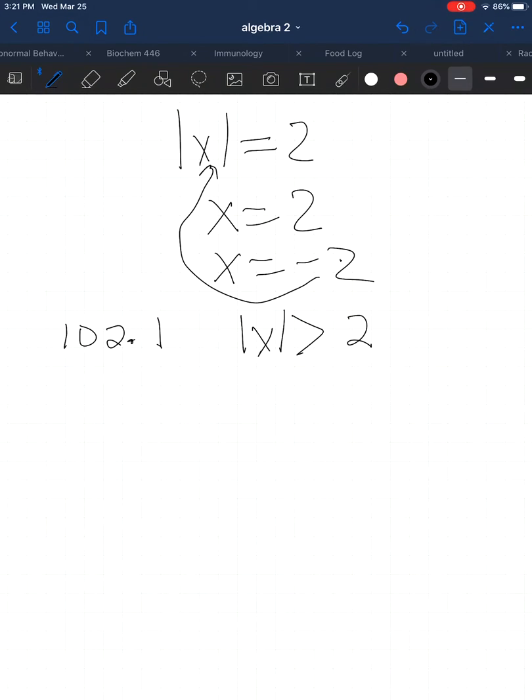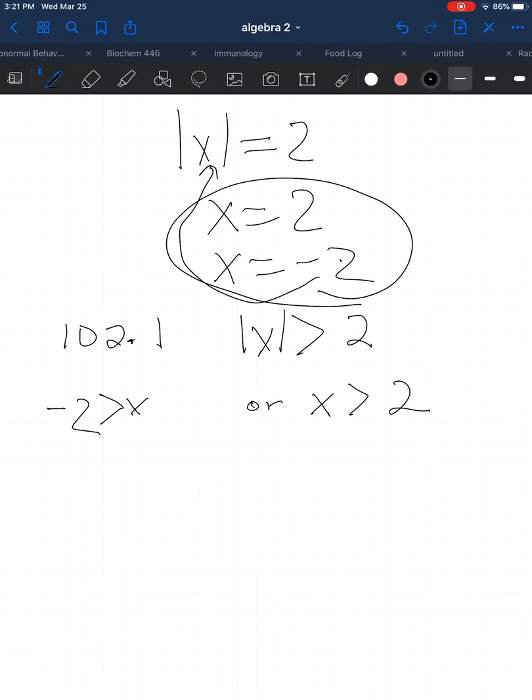So what this is saying is that the distance from 0 has to be bigger than 2. So the way that you would write this is you'd write it just like this without the absolute value, x greater than 2, or x is, write the symbol the same and put negative 2. That takes care of this part of it. We don't know whether it was positive or negative.